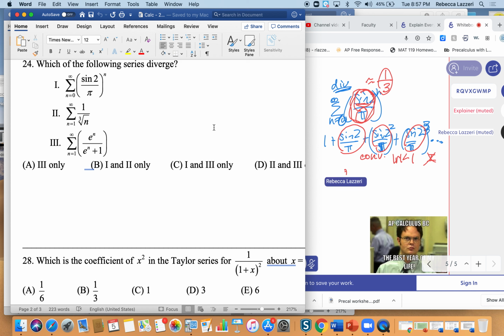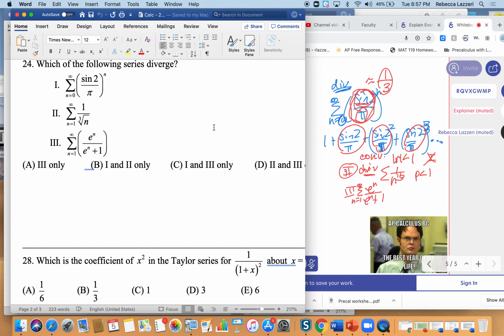All right, number 2 diverges by the p-series test because you have 1 over n to the 1/3 behind the sigma, and p is less than 1, that means it diverges by the p-series test. And on 3, let's see, I have e to the n over e to the n plus 1, and I have the sum as n goes from 1 to infinity.